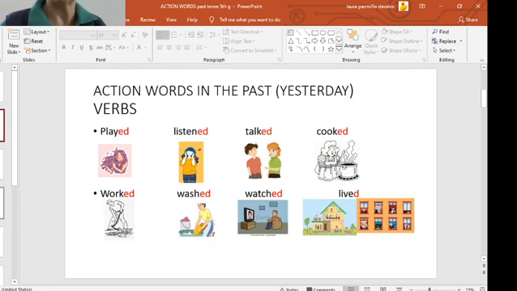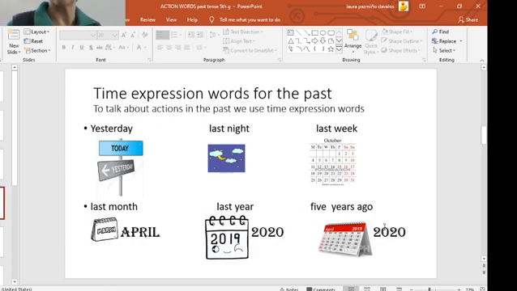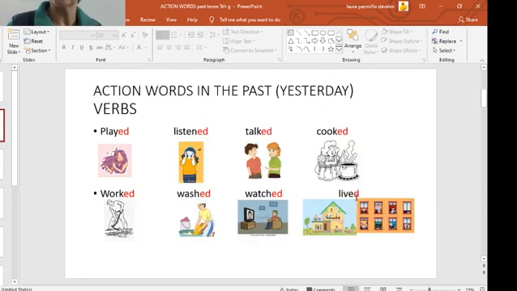Y voy a escoger un time expression word. 5 years ago. I lived in a house 5 years ago. Okay, so present. I live in an apartment now. I lived in a house 5 years ago. Is the past. Okay? Are you clear with this?